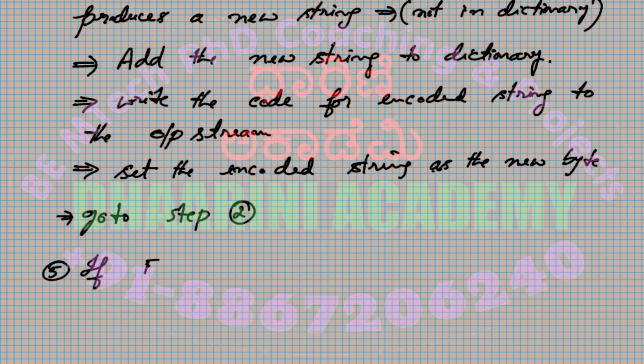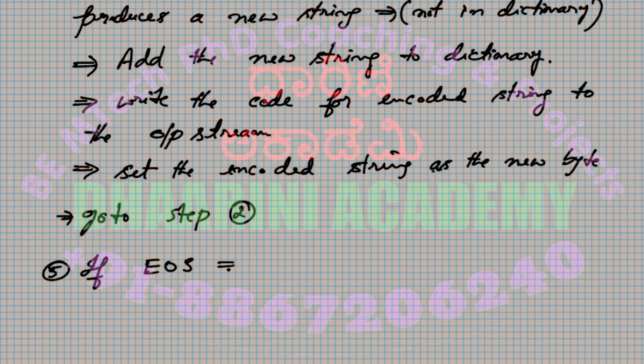That will be step number 5. If end of the string, you can write in your own words, EOS stands for end of the string. In the sense incoming stream is over, that means write the whole coded part as your output.